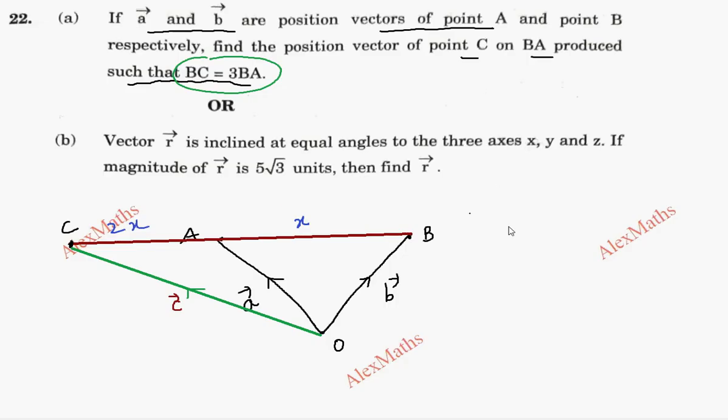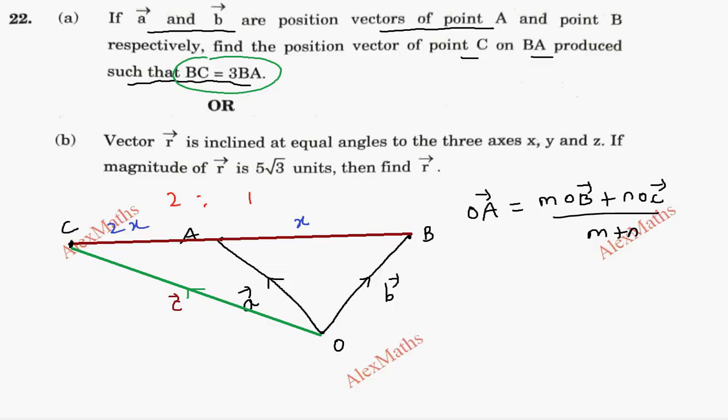So according to the diagram, OA vector equal to, formula is M OB vector plus N OC vector by M plus N. So even though as per the question is given externally dividing, by considering the diagram, I am taking OA, and OA is between B and C. So now this is the ratio 2:1 because 2x and 1x. So M is to N is 2:1.